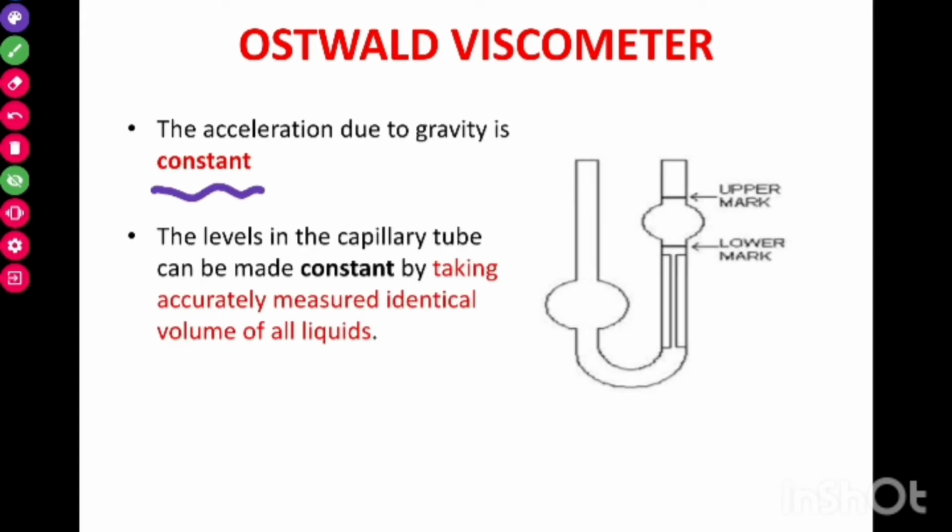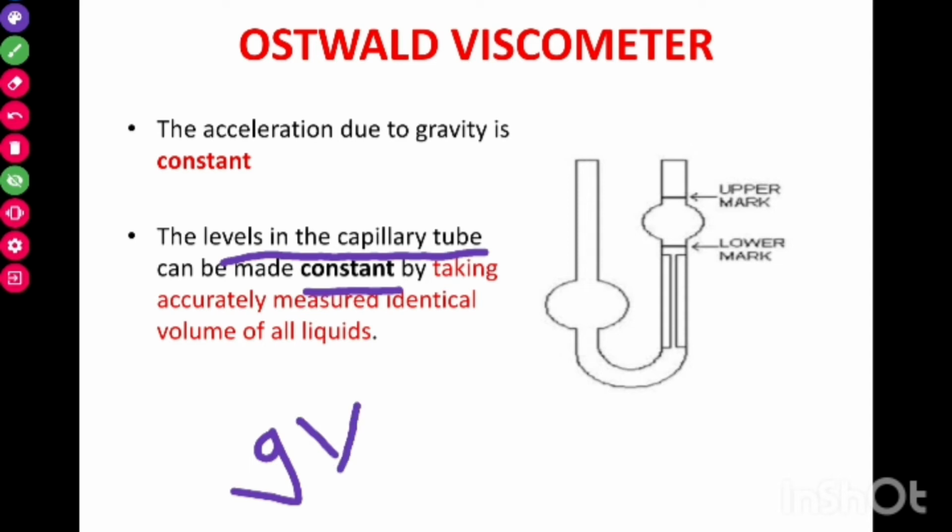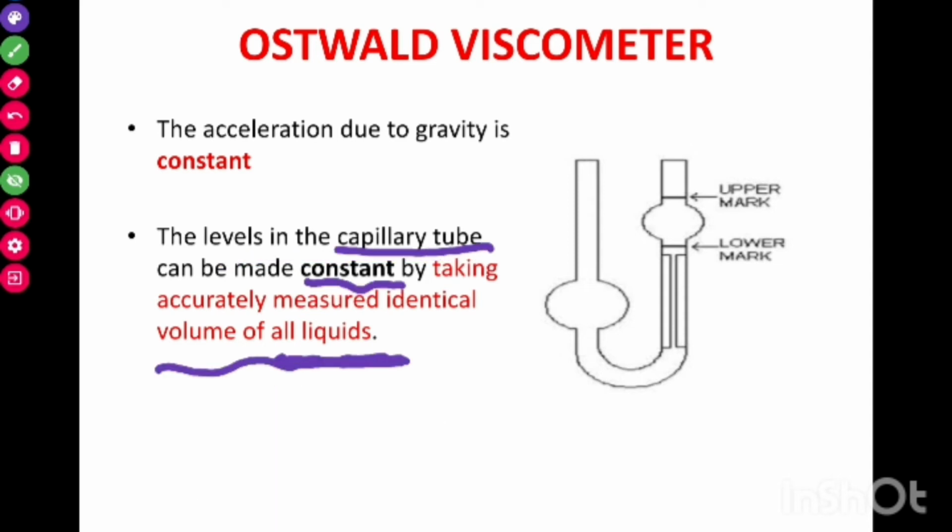As we know, acceleration due to gravity is constant, and the levels in the capillary tube can be made constant by taking accurately measured identical volumes of all liquid. So acceleration due to gravity is constant and the volume of liquid is also constant. Then these two factors can be taken as constant.